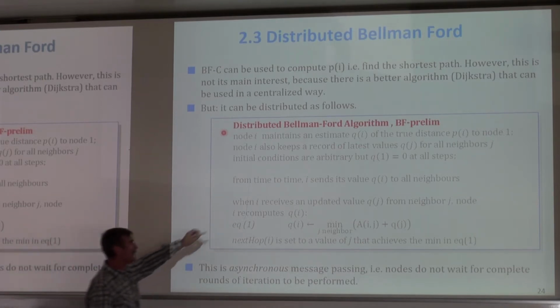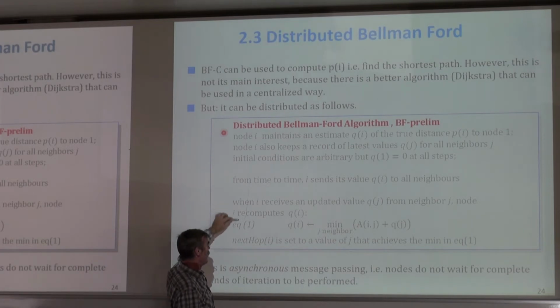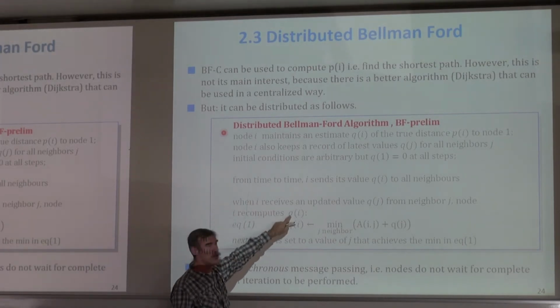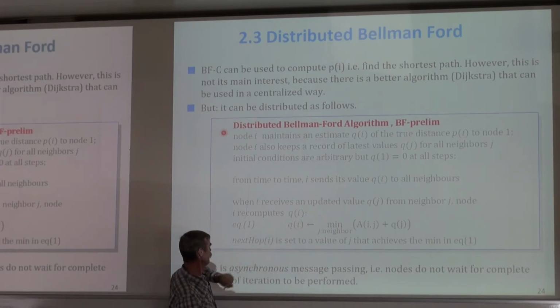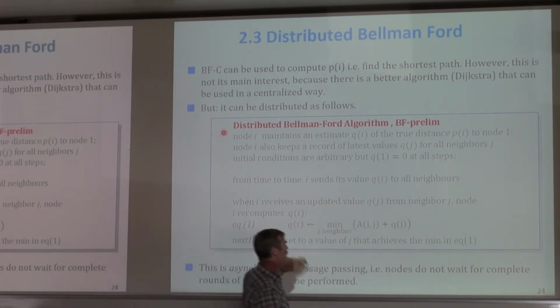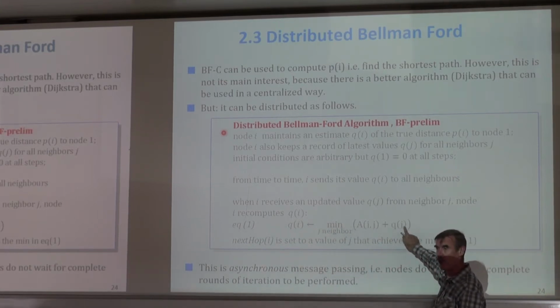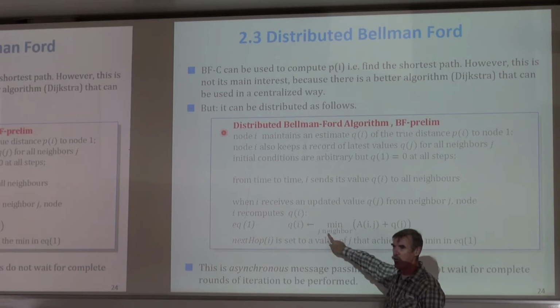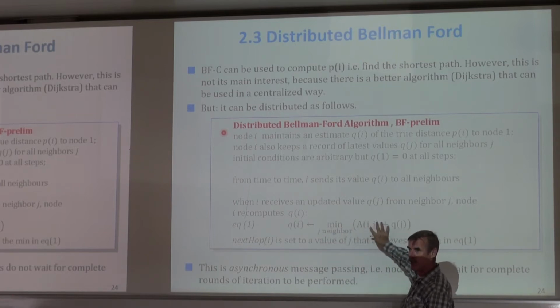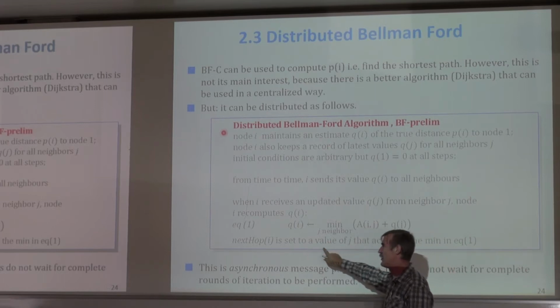Once we have done this, if we are lucky and the Q are the true values for P, then we can compute the next hop. Whenever I do that, I not only compute the minimum, but I record the neighbor j that achieves the minimum, one of the neighbors that achieves the minimum. And then I set that to the next hop.